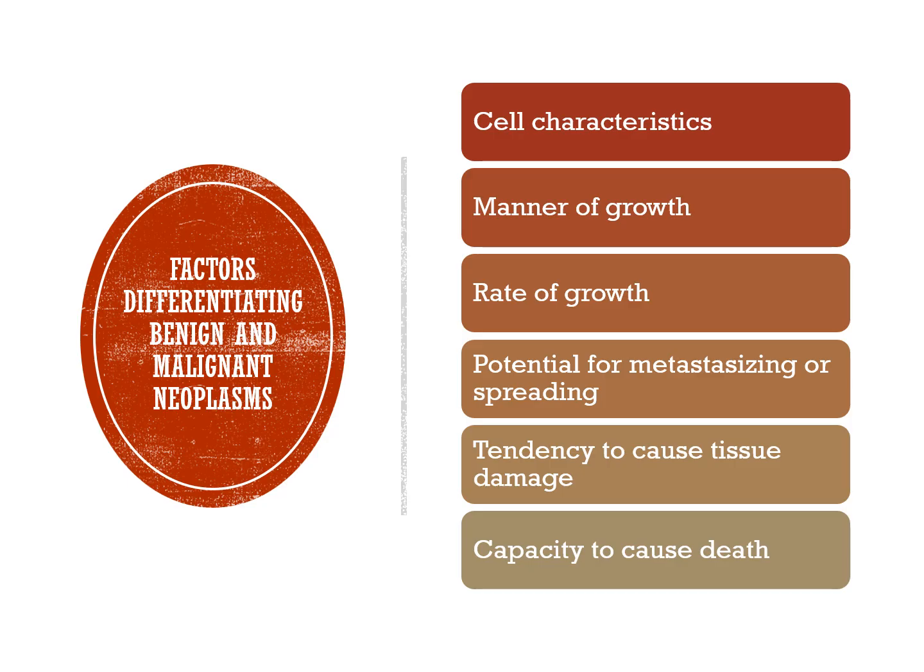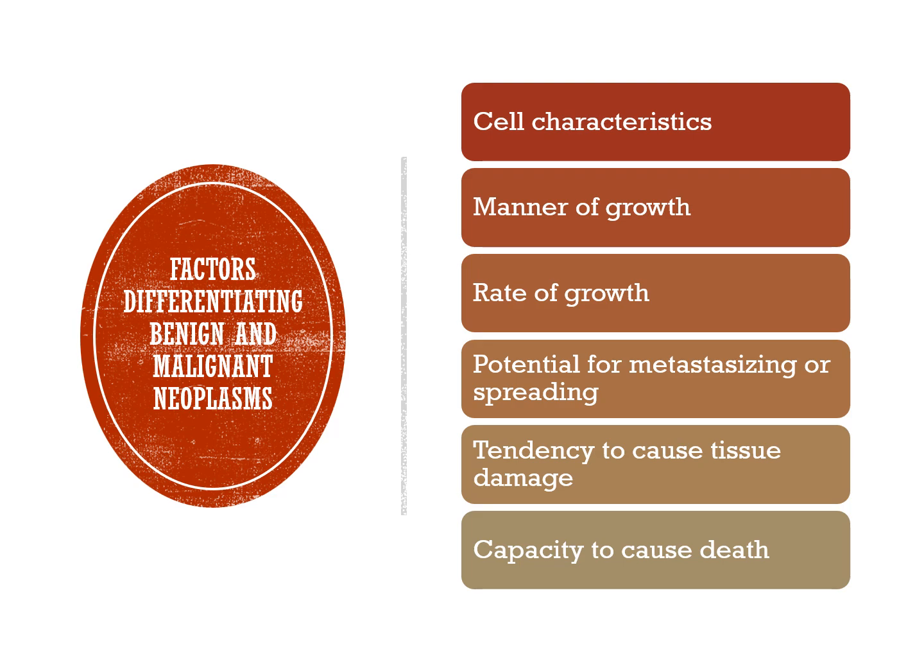So this is another thing I'll mention regarding your reading. Summarized in table 6.2 are all of these factors that differentiate benign versus malignant neoplasms, so how they are different. So that would be a good spot to reference for you.